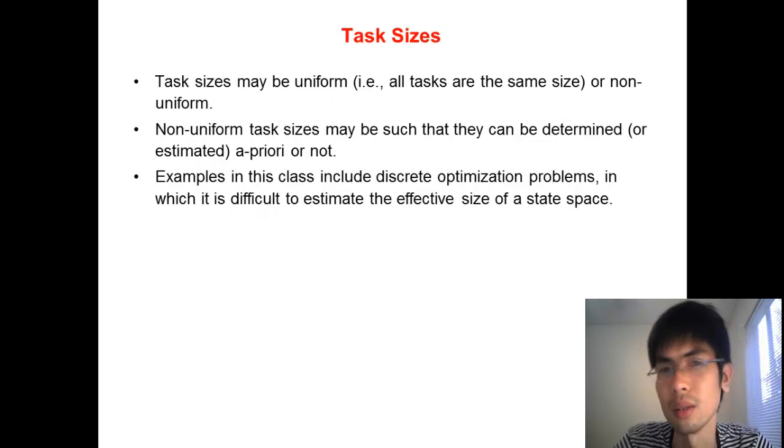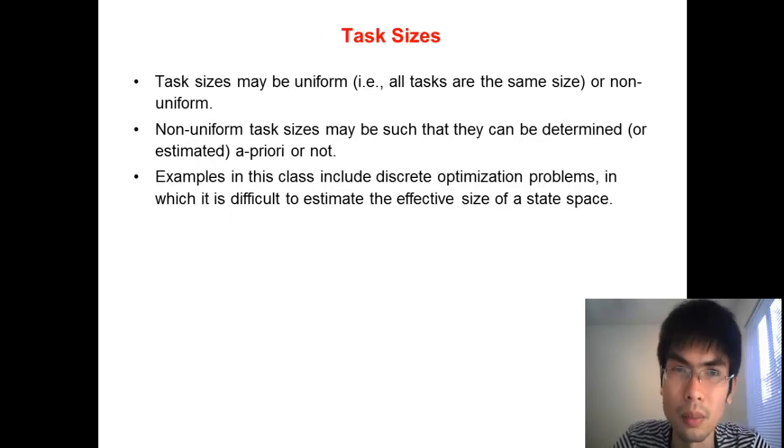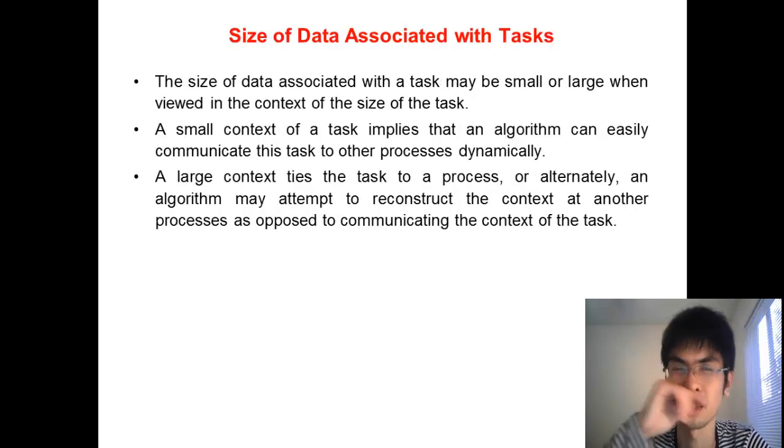And the task size may be uniform or non-uniform. Non-uniform task sizes may be such that they can be determined in advance or not. An example of this is discrete optimization problems, in which it's difficult to estimate the effective size of a state space.